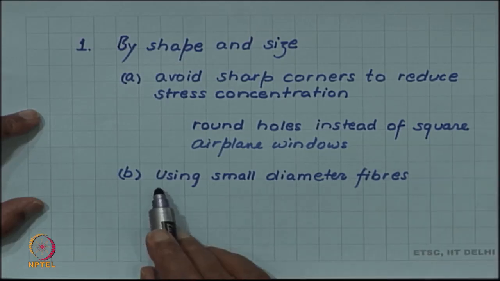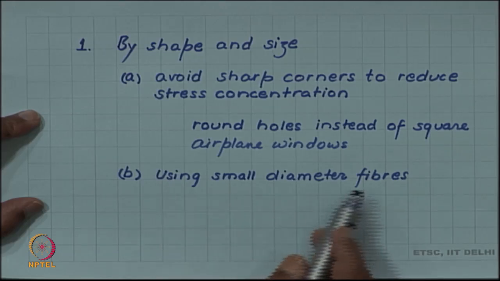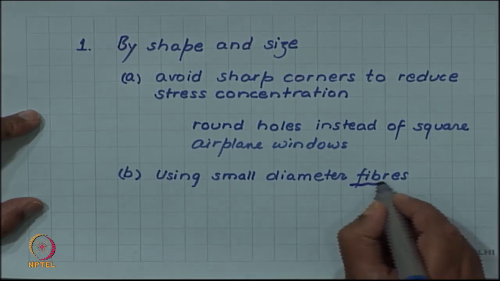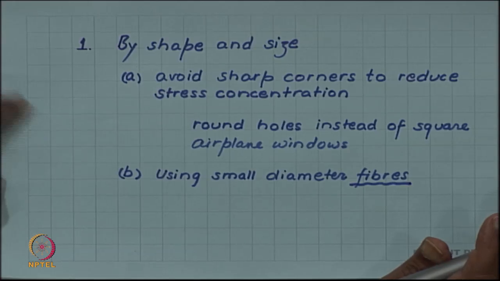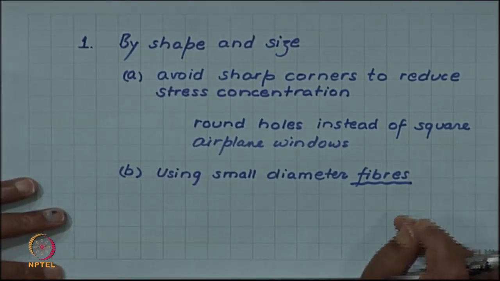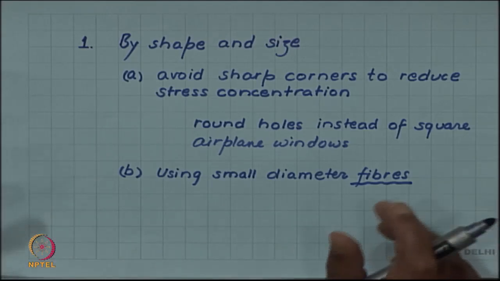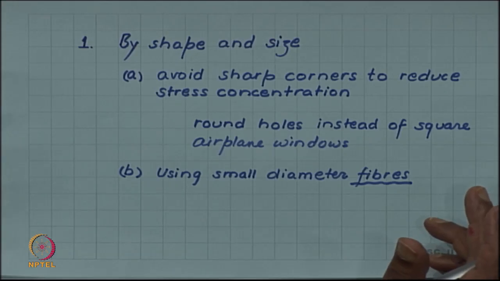Another interesting way of enhancing the fracture stress of a material is using a small diameter. This is particularly the case with fibers. We have seen fiber reinforced composites, and in those composites, why do we use fibers? Why do we not use, for example, rods to reinforce?